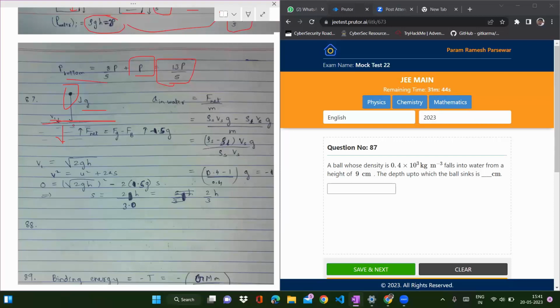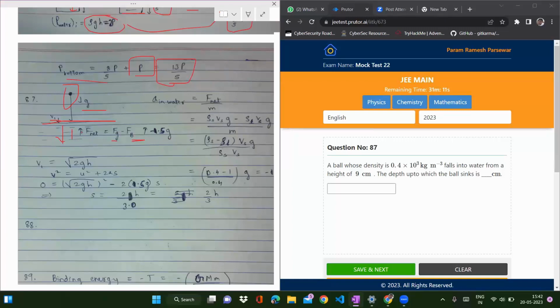But after that, the net force acting is due to mg and the buoyant force, which is the buoyant force due to the water, acting upwards. The buoyant force in this case will be greater, as we will see, due to the much higher density of water than the solid. So the F net comes out to be upwards, it's Fg minus Fb.